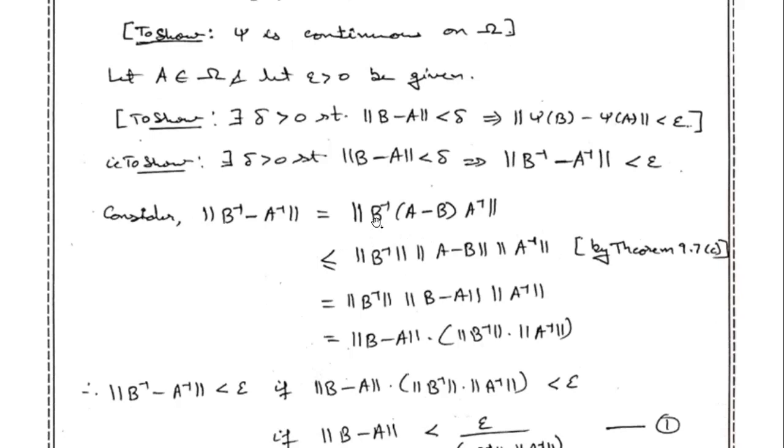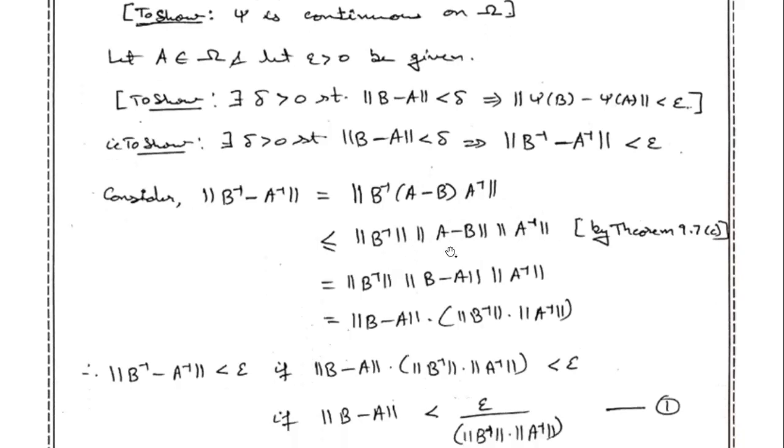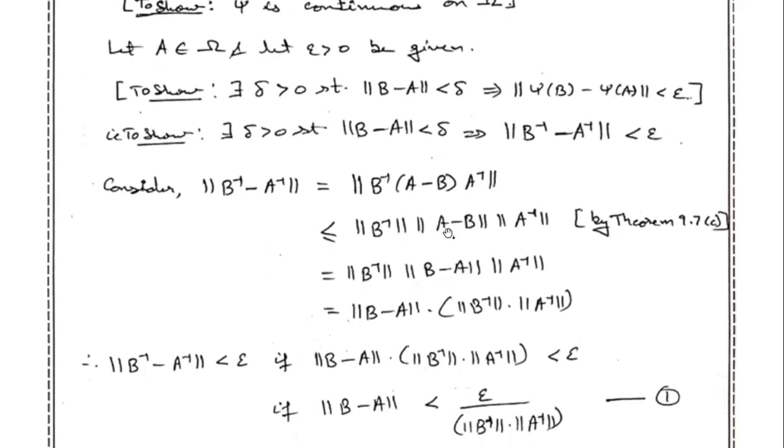So this result says that the norm of this is less than or equal to the individual norms multiplied. This is actually multiplication of non-negative real numbers, because this is the norm of this one, this is the norm of this one, real numbers. And now we know that norm of A minus B and norm of B minus A are the same, because minus 1 will come out and we will take mod of it and it will be 1 only. So that is how we get it.